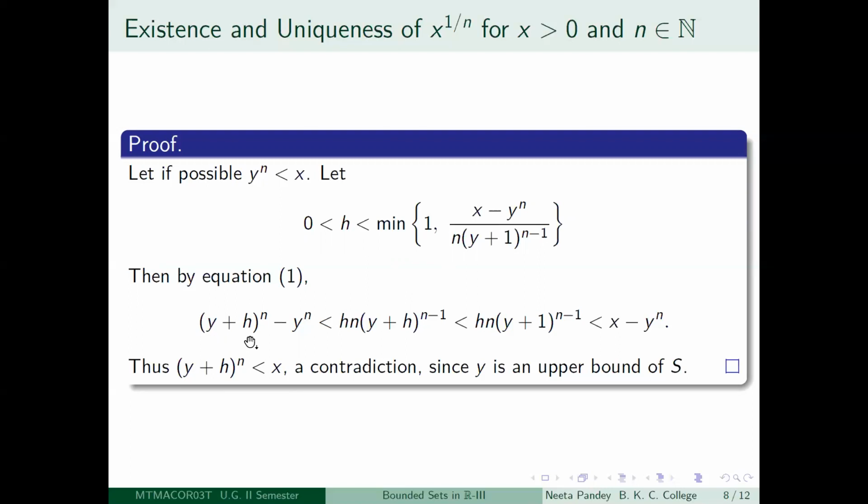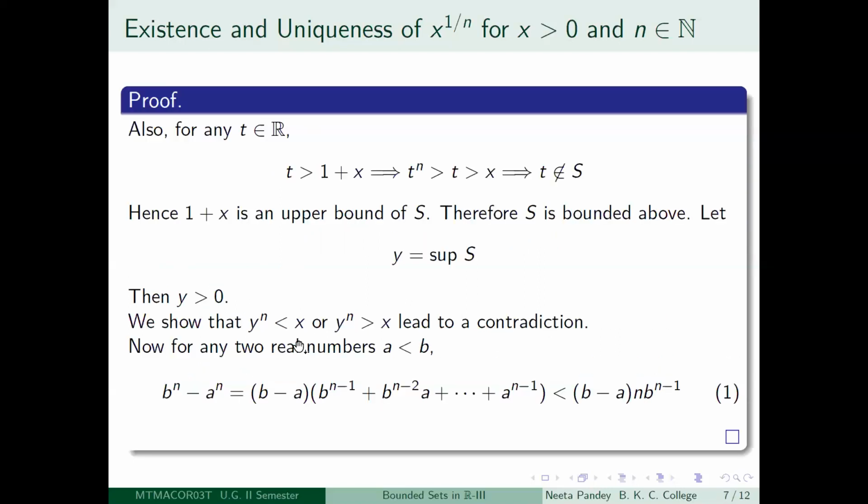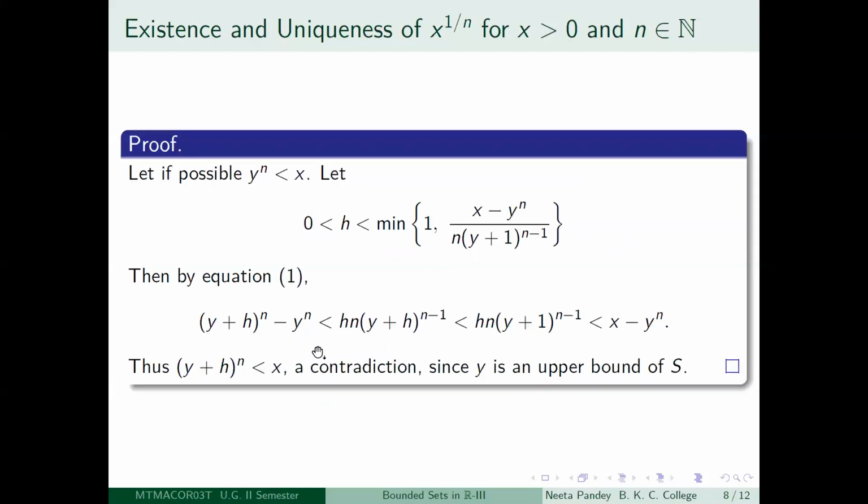I just look at y plus h to the power n minus y to the power n. Use this previous algebraic inequality which we proved here, and what we get is just y plus h minus y, so that is h into n times y plus h, that is your b to the power n minus 1, right?